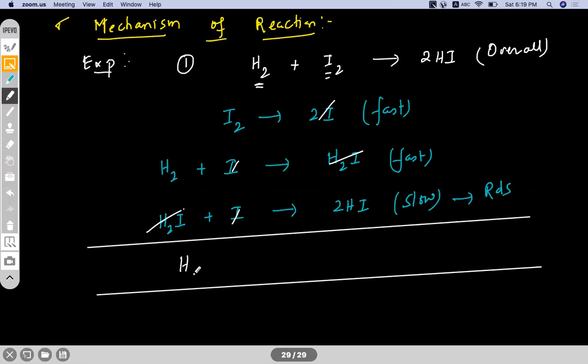So the reaction is H2 plus I2 gives 2HI. Now this reaction involves three different steps. The graphical representation of these three steps is the mechanism of the reaction, right? If I write down the rate expression for this reaction, that would be rate constant K into H2 into I2.